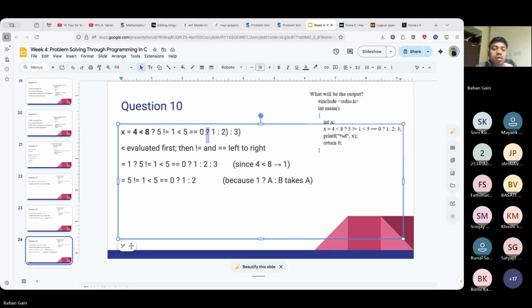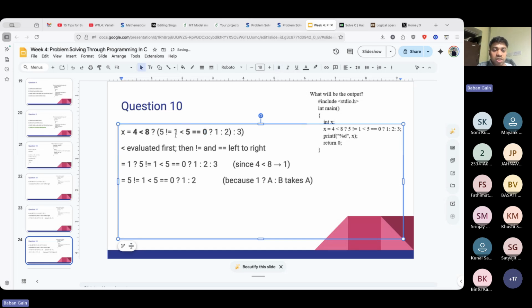Okay. So this is the first condition of the ternary operator. And this is the second condition of the ternary. So what I'm checking is what is the value I need to check before the ternary operator. So this is another operation that we need to check for the ternary operator.